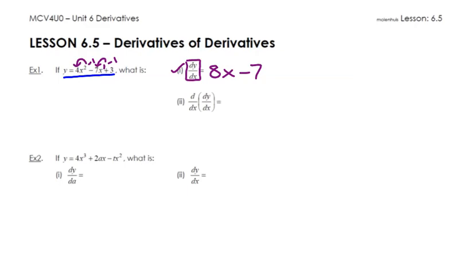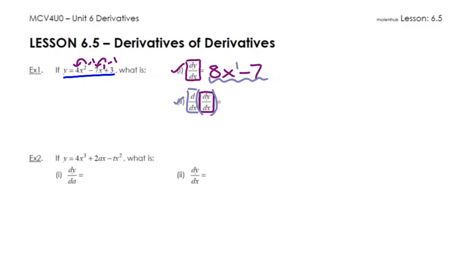Noticing that the next question is asking me, well, here is the form for a derivative, but what are they asking me for? By putting that other part on the outside, they're asking me for the derivative of my derivative. So they want the derivative of this guy, not the original function. But that's okay, it's an even easier function right now.